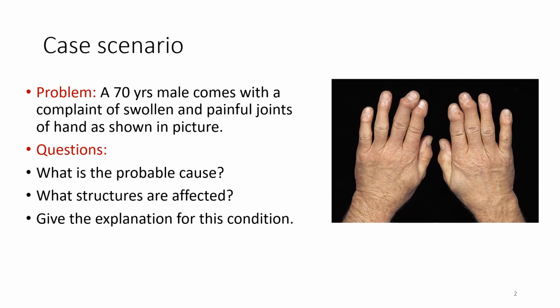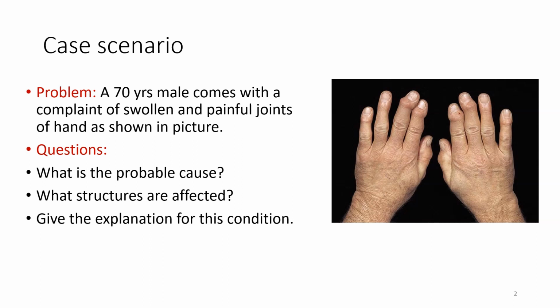Before we start with the discussion of the cartilage, I am presenting a case scenario which is concerned with the topic that we are going to discuss. A 70 years male comes with a complaint of swollen and painful joints of hand as shown in this picture, and you can see the terminal phalanges which are bent and swollen.